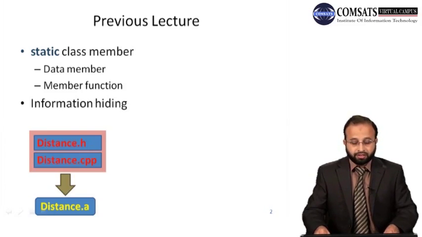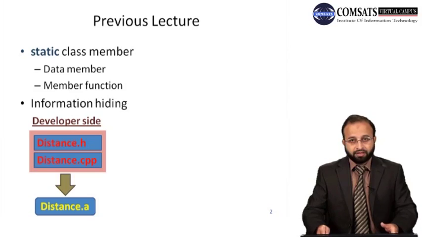So distance.a is a static library that contains the definition of the member functions of the distance class, and this is basically the developer side. So we are the developer, we make this library and we hide the detail of the implementation of the member functions of the distance class.